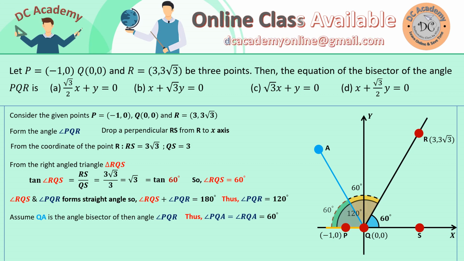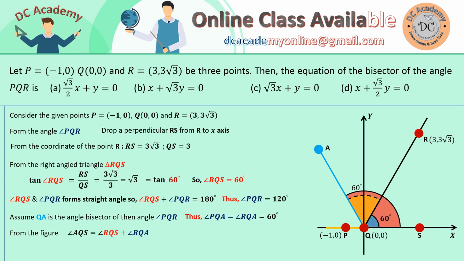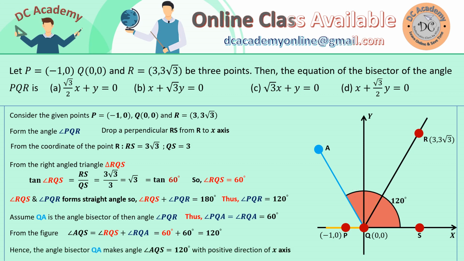Now notice from this figure that the angle AQX is equal to 120 degree, and therefore we can identify that the line AQ makes a 120 degree angle with the positive direction of the x-axis.